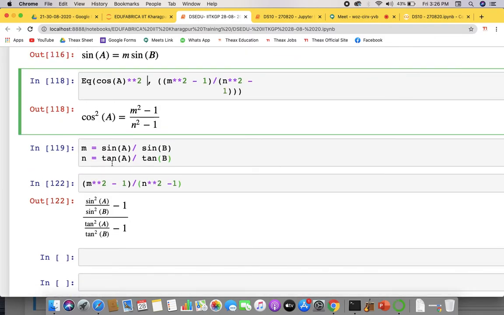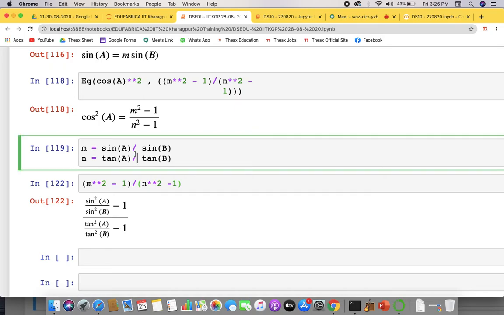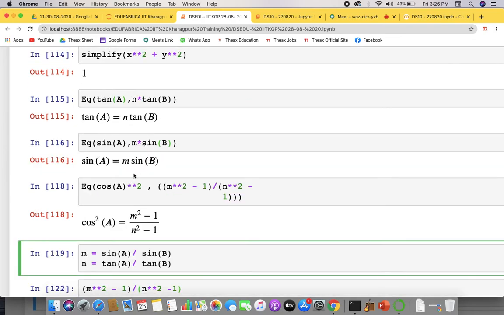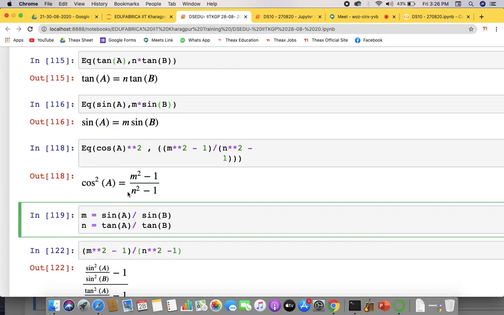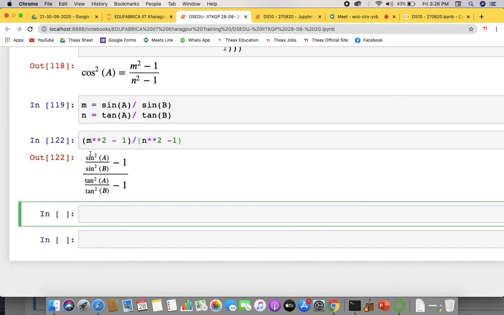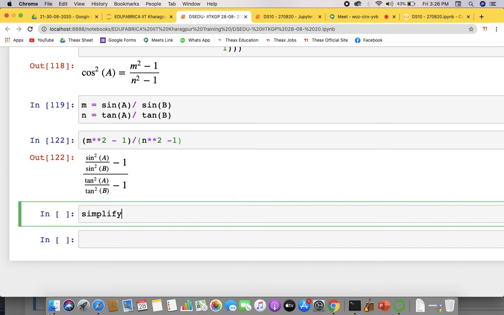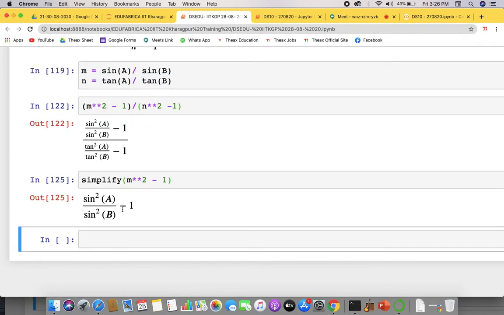So we have found the values of m and we have found the values of n. Now how to proceed? We have to prove this: cos²a is equal to m² minus 1. That is this, m² minus 1. So if you simplify m² minus 1, that is this, right?